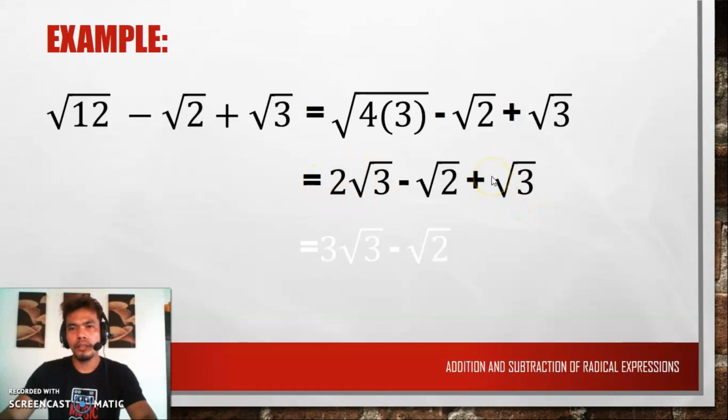Since there is no visible number here, it is understood that the coefficient is 1. So we have here 2 plus 1 is equal to 3. Then copy the common radical, which is square root of 3. And this one, just copy minus square root of 2. So your final answer is 3 square root of 3 minus square root of 2.